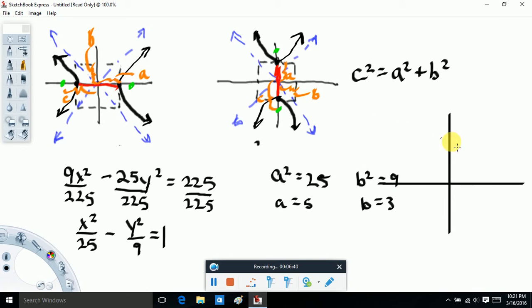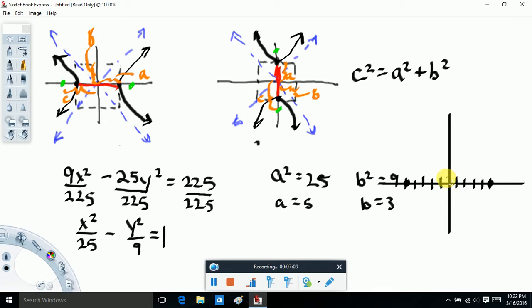We go over 5 units: 1, 2, 3, 4, 5. So one vertex there, and another one there. Okay, so we have the vertices.